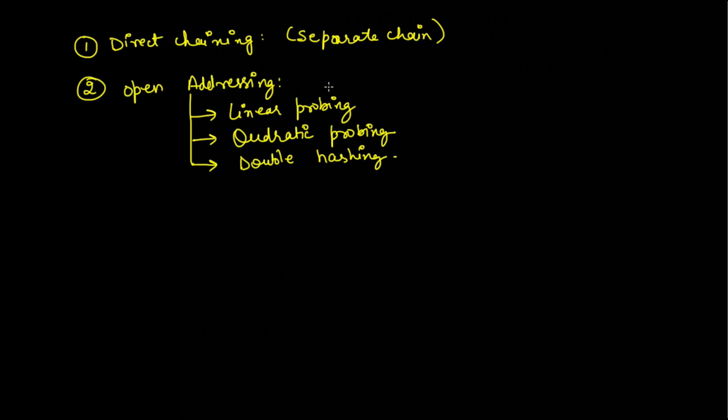Now let us see what direct chaining is. Assume we have this hash table, and in this hash table we want to map some values.